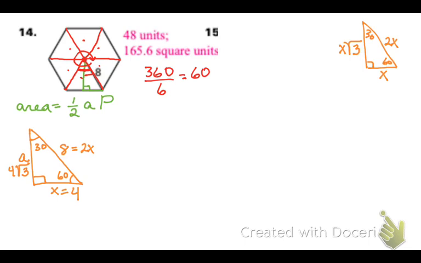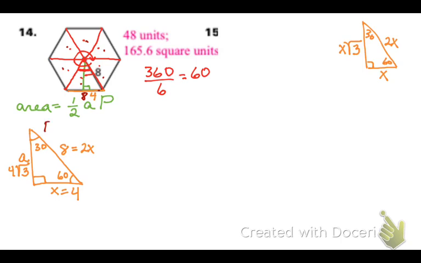So let's calculate our perimeter. We know this little half here is equal to 4, so this right here has to be 8. To calculate our perimeter, we build a fence around it. So there are 1, 2, 3, 4, 5, 6 lengths of 8.